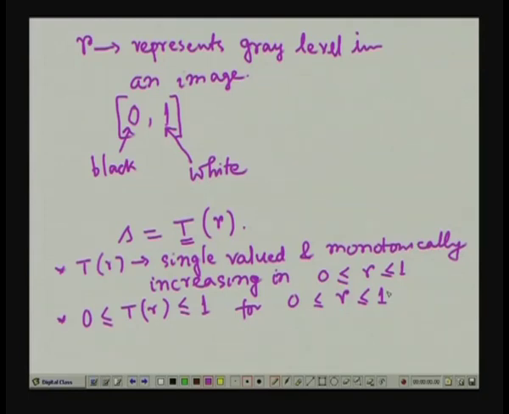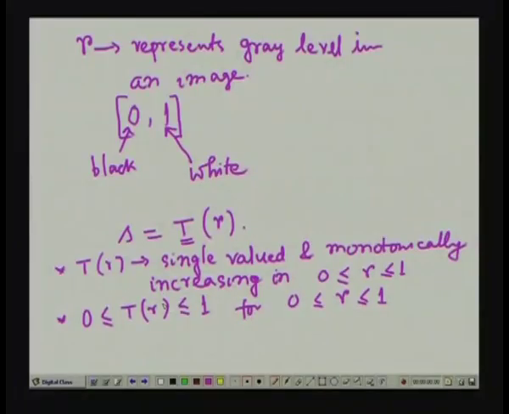The second condition, that is 0 ≤ T(R) ≤ 1, is the one which ensures that the processed image does not lead to a pixel value which is higher than the maximum intensity value that is allowed. So, this ensures that the processed image will have pixel values which are always within the allowable minimum and maximum range.